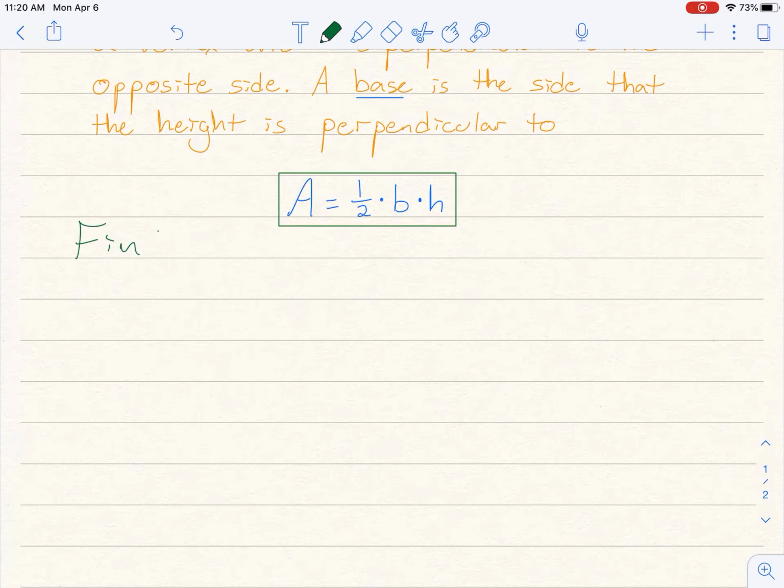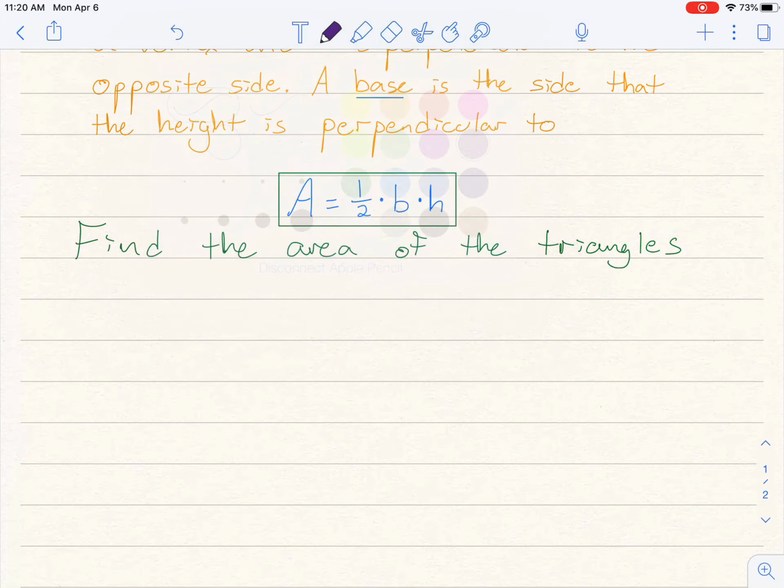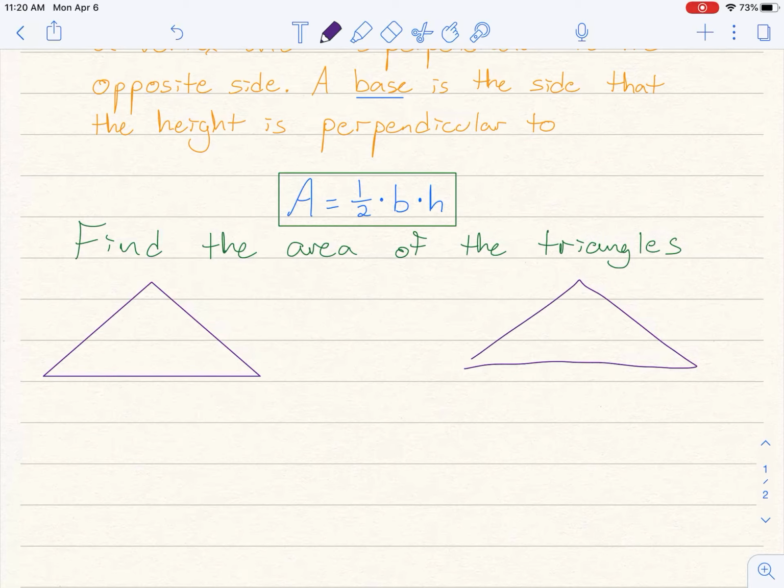For both of these, we're going to find the area of the triangles. So I'm going to do two different problems here. This triangle is going to look like this. And for this one, I'm going to make this triangle also kind of look like that, but a little bit different.